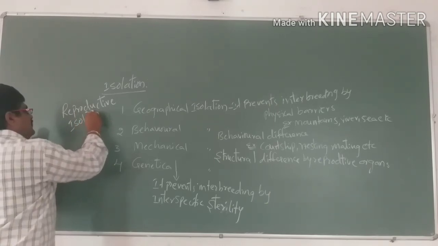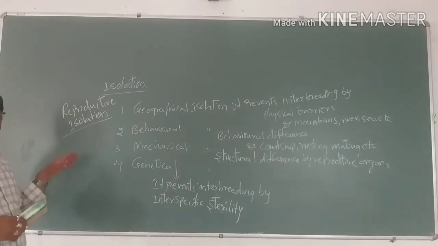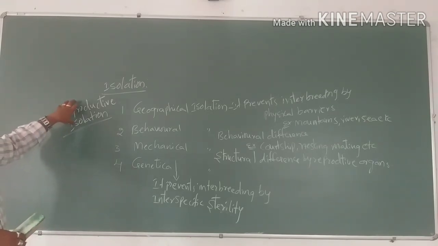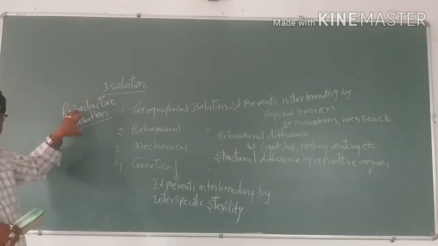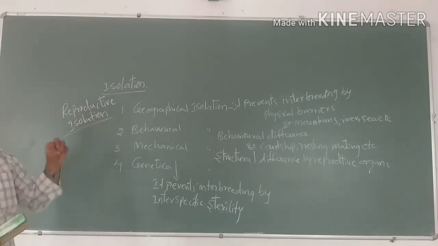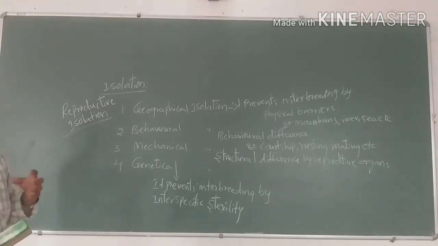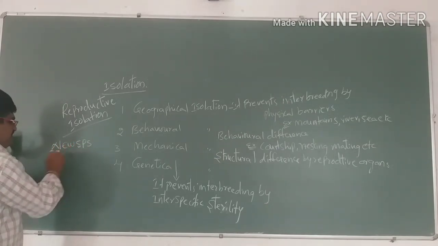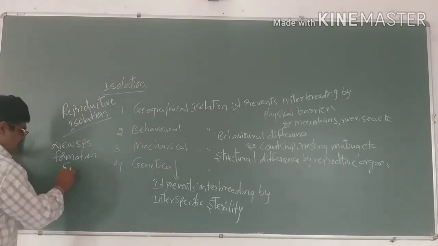What does reproductive isolation mean? Organisms having common ancestors but no longer interbreeding, we call that reproductive isolation. Due to genetical divergence, it helps in the formation of a new species, which is called speciation.